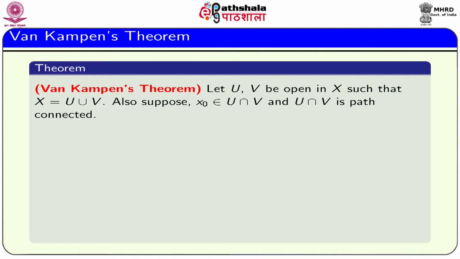Suppose X is a topological space and U, V are two open sets in X such that X can be expressed as union of U and V. Also suppose that we take a point x0 from the intersection of U and V. U intersection V should be path connected.